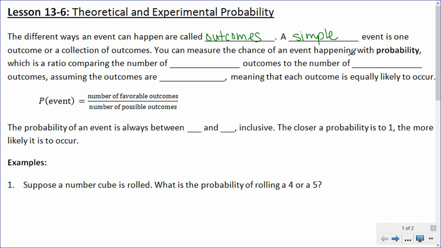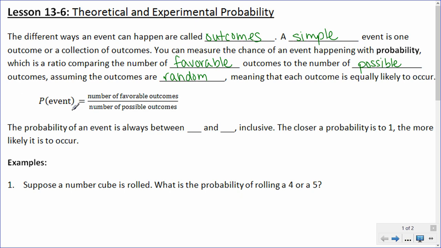You can measure the chance of an event happening with probability, which is a ratio comparing the number of favorable outcomes to the number of possible outcomes, assuming the outcomes are random, meaning that each outcome is equally likely to occur.